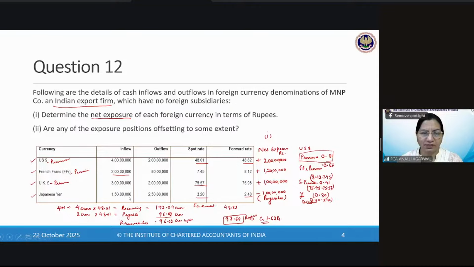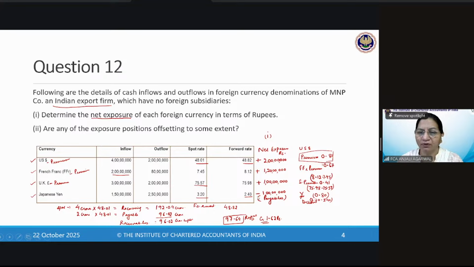Whereas the fourth currency that he is dealing in is the Japanese yen, where the inflow is 1.5 and the outflow is 2.5. So there is a payables here. Outflow is more than the inflow. So Japanese yen net payables are 1 crore. And luckily for us, if we had to pay 1 crore at the rate of 3.20, the outflow would have been 3 crores 20 lakhs.